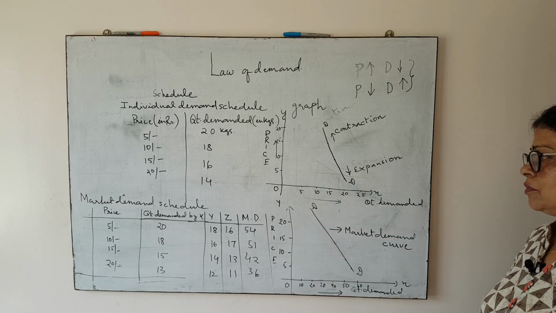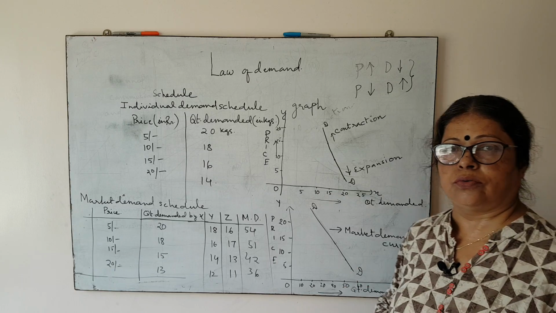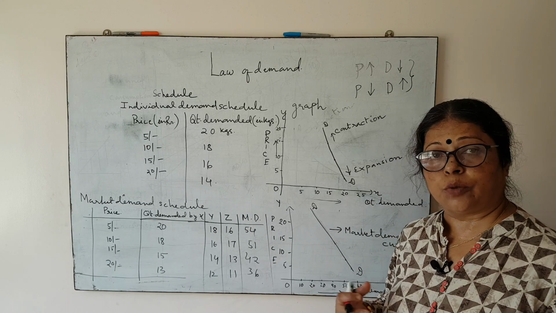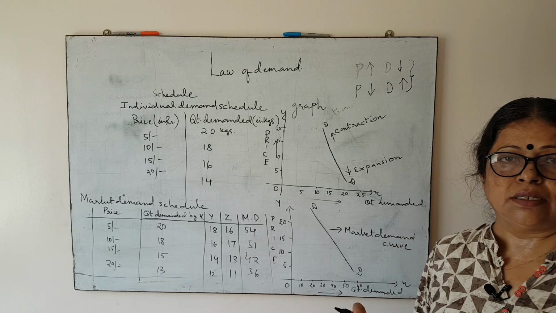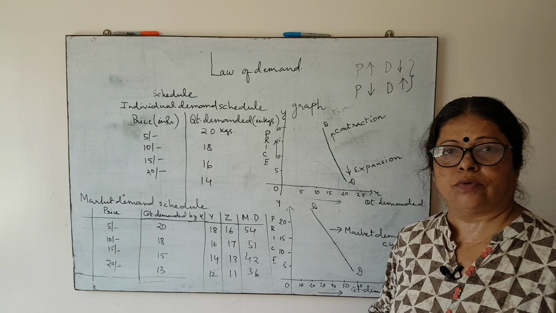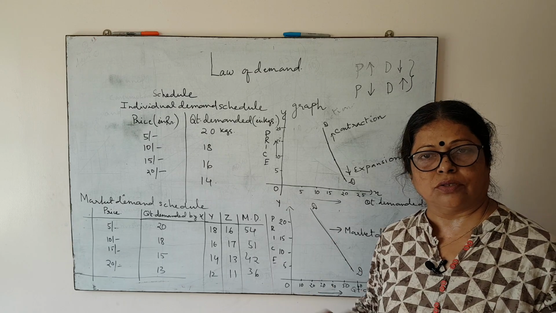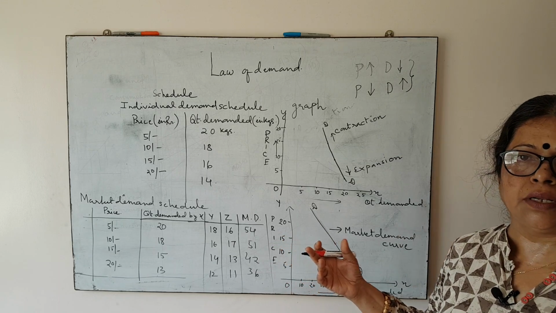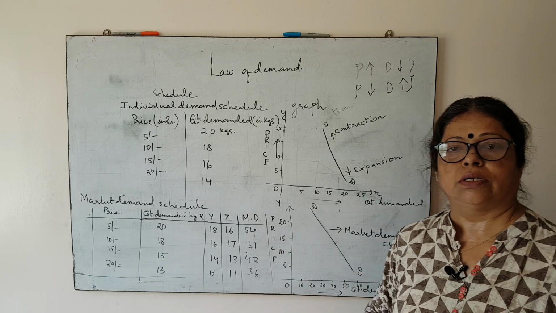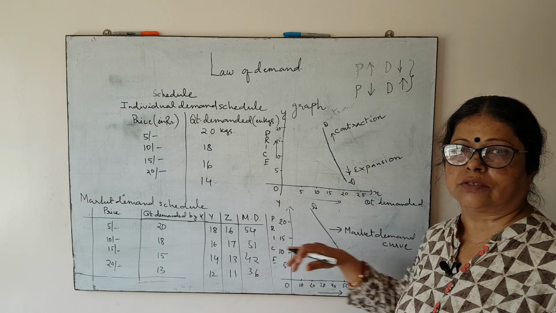Now the question comes: whatever curve you draw, should it be based on the schedule? No, it is not a necessity that whatever curve you draw will be based on the schedule. It may not be. Marks will not be deducted if your curve is not based on the schedule.